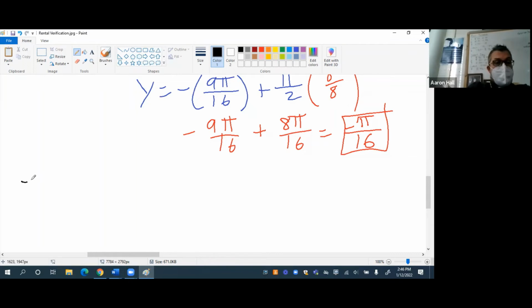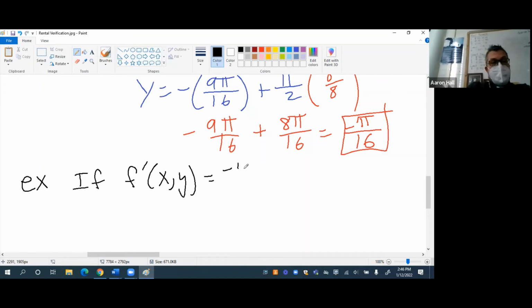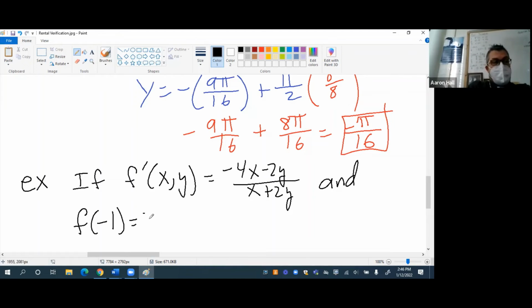All right, so let's go ahead and do another one. So I have f prime of x comma y equals negative 4x minus 2y over x plus 2y, and f of negative 1 equals 2.